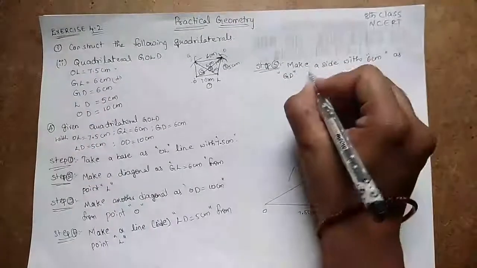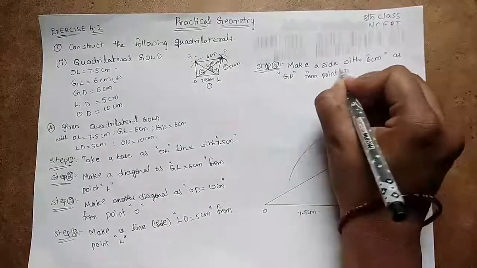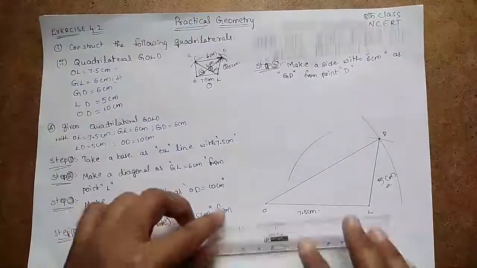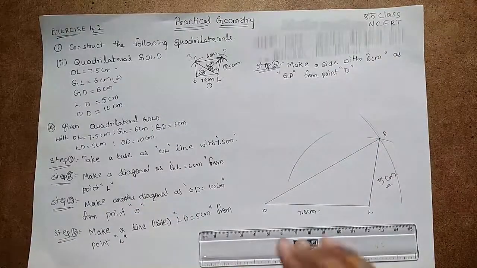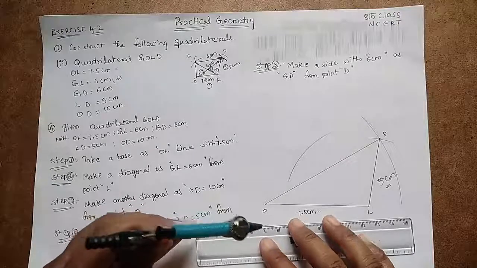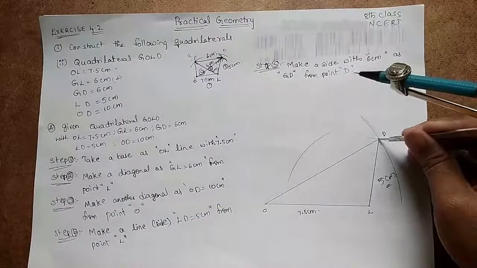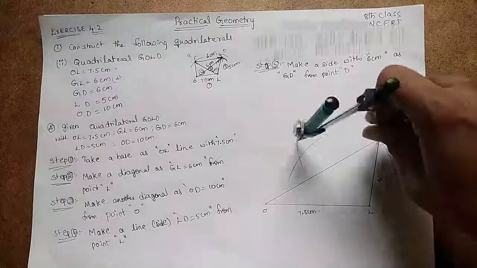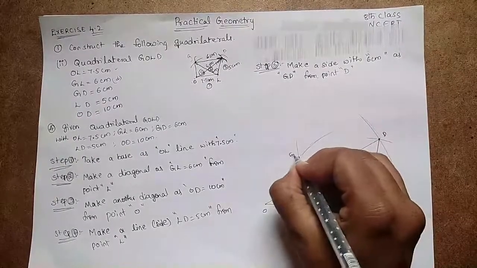So from point D, take the scale and measure 6 centimeters, and draw an arc from D. We get another point, that point is G.